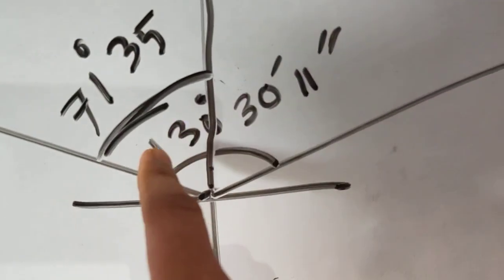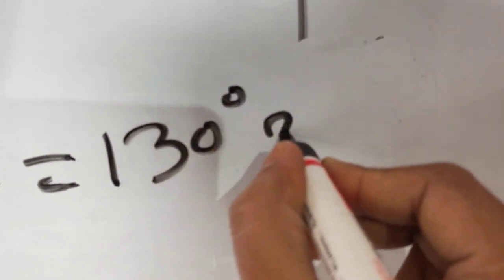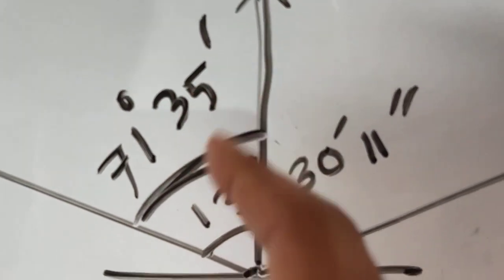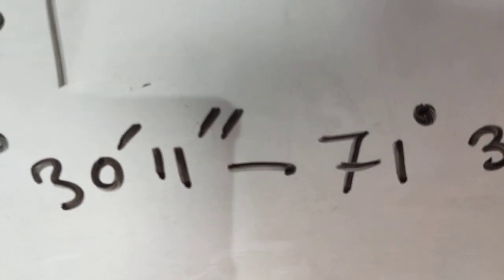Angle NBC is equal to 130 degree 30 minutes 11 seconds minus 71 degree 35 minutes.